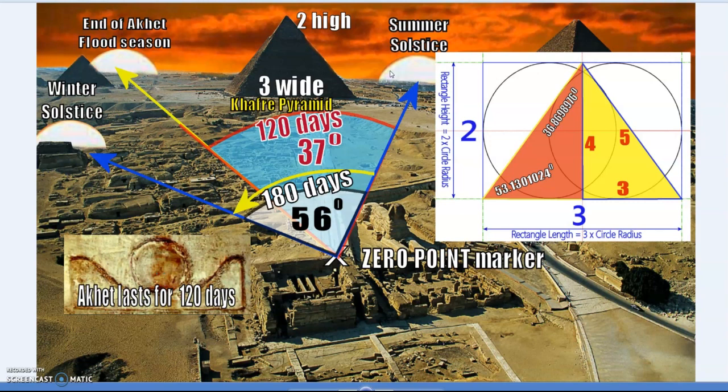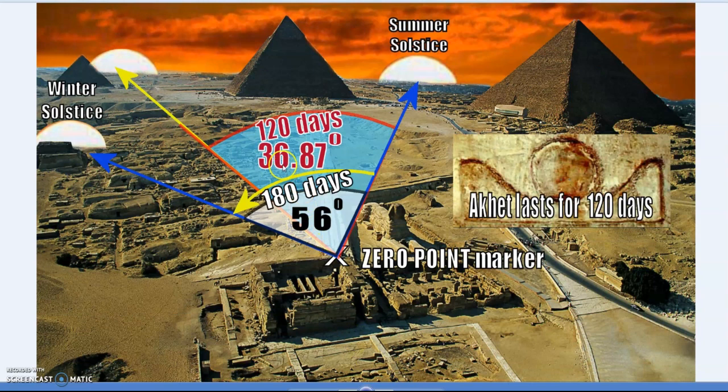Whether they had a mathematical proof of it is secondary to the fact that they will repeat this across the length and breadth of Egypt in their most important structures, and that the angle of 36.87 is essentially the angle of 120 days of the archaeoastronomy season, from the summer solstice, 120 days later. That's 36.7 or 36.87.